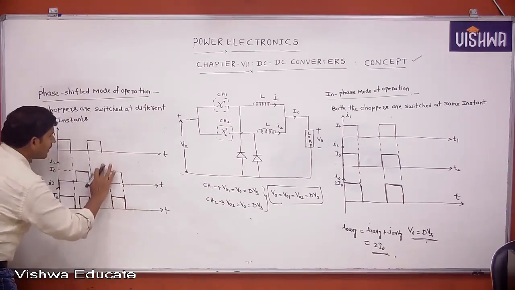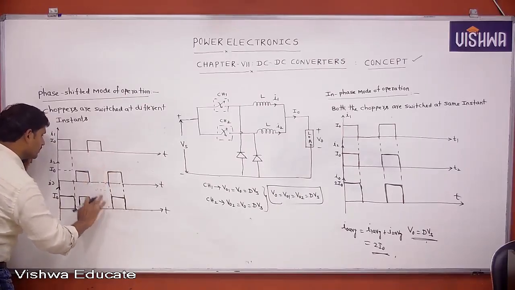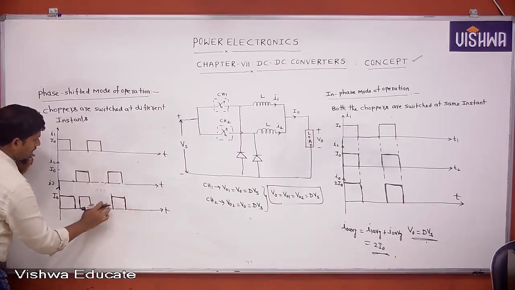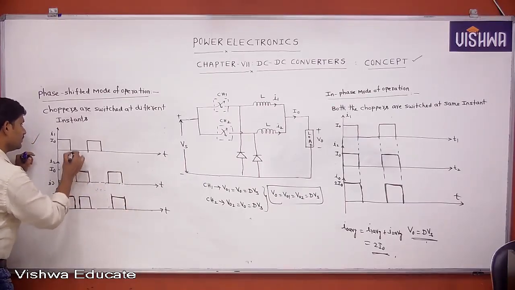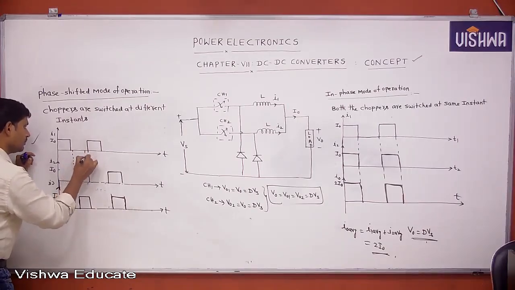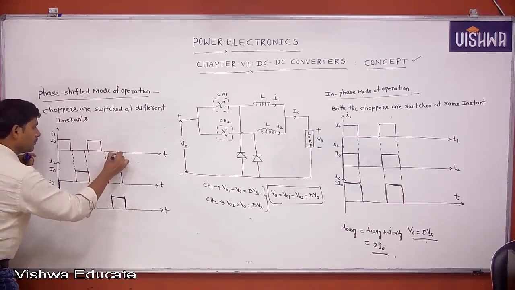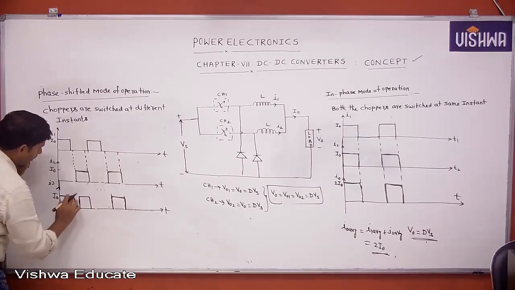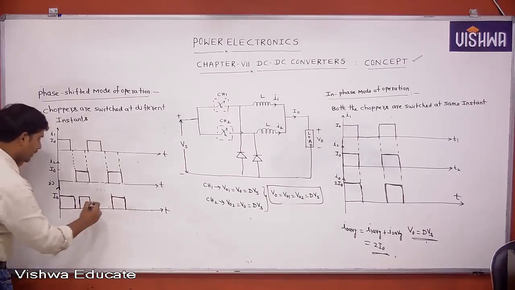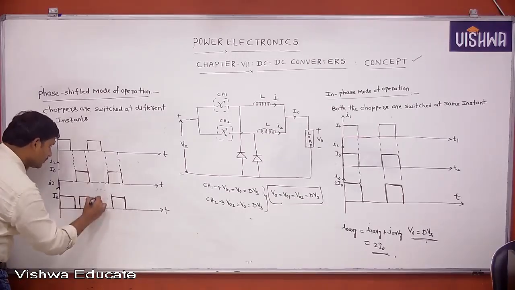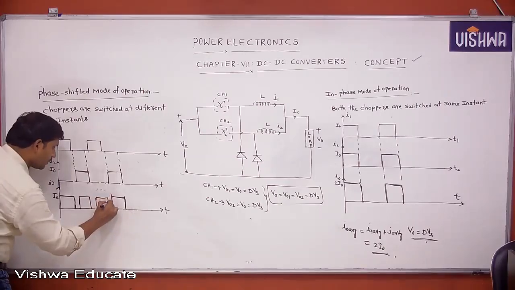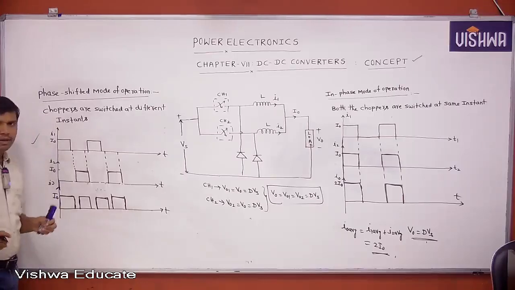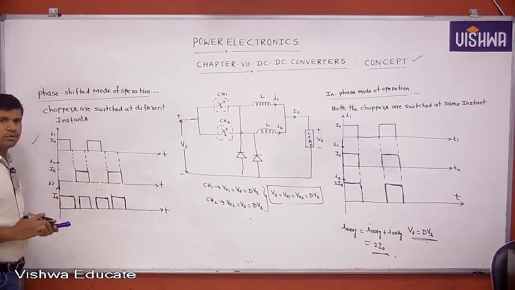At different instants we are triggering. This is phase shifted mode of operation. Here also you can get the pulse, but this I0 remains constant. Okay, this is called phase shifted mode.